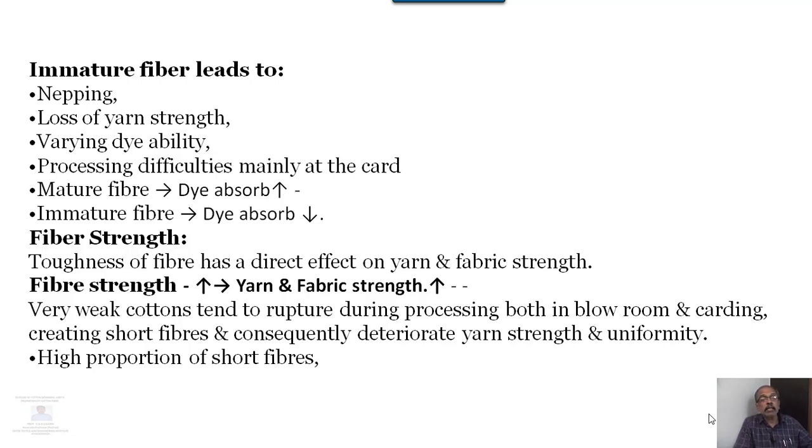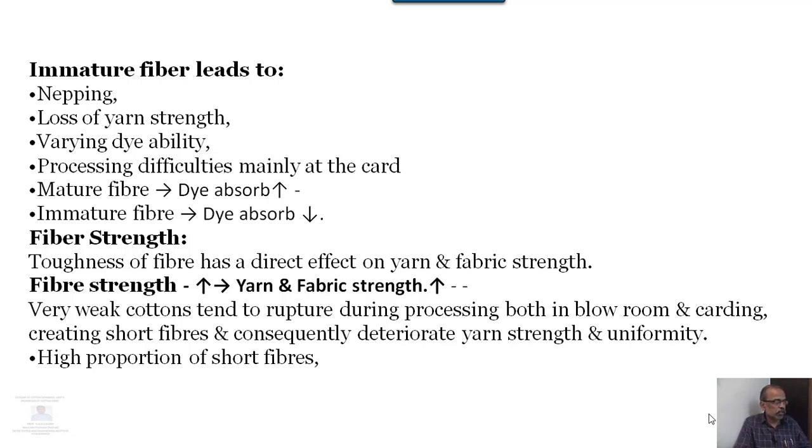So if fiber strength is more, fabric strength is more, and yarn strength is obviously more because of the more fiber strength, because more contribution will be there from the fiber before the yarn gets ruptured. When the yarn breaks, the fiber contributes a lot to the yarn strength, and a similar thing happens in the case of the fabric also.